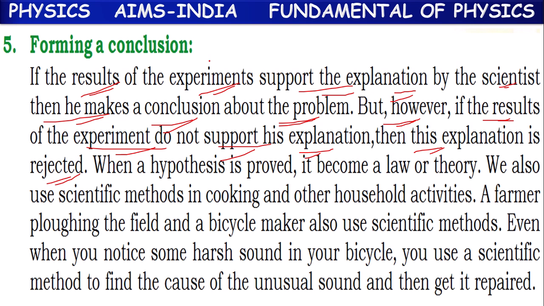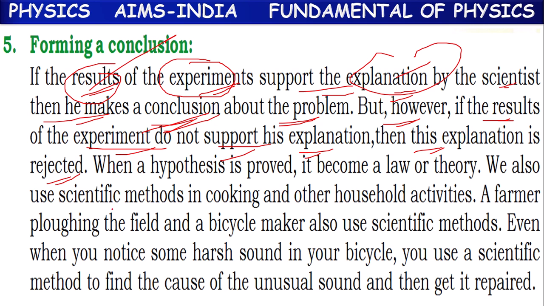If after doing the experiment the result supports the explanation, then he will make it a conclusion. If it does not support it, he will simply reject it, and he will try to do the experiment again in another way.